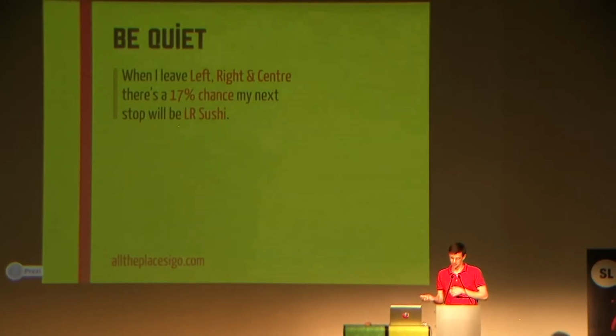I love a good short story because I don't have to work too hard for it. And when it's backed by data, like this real story from my life, some of you might have seen me talk about this before: when I leave Left, Right and Centre, where I work, there's a 17% chance I'm going to get sushi for lunch. I know that for sure. It's backed by data, and that tells a story. It's quiet, but I think it's interesting because it's backed by data.